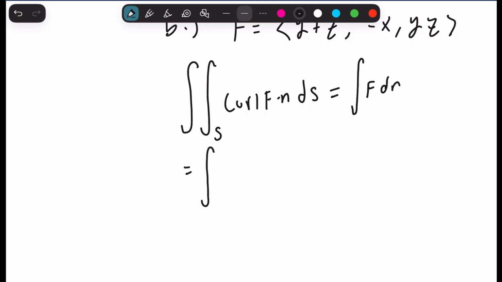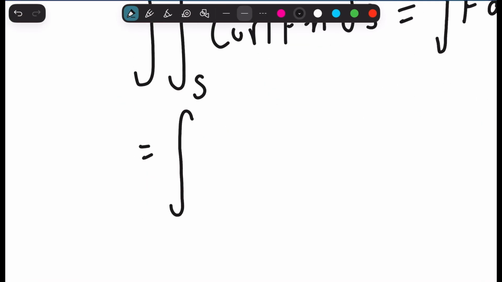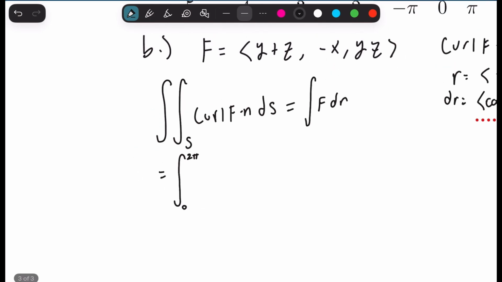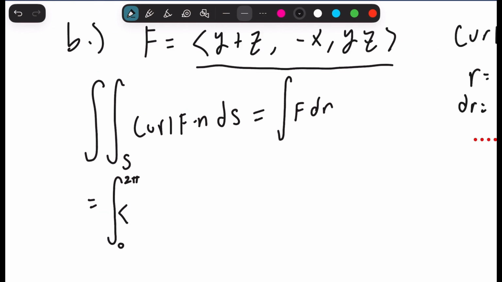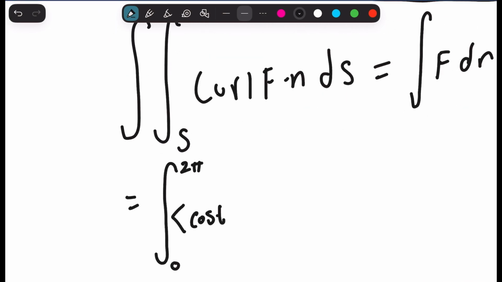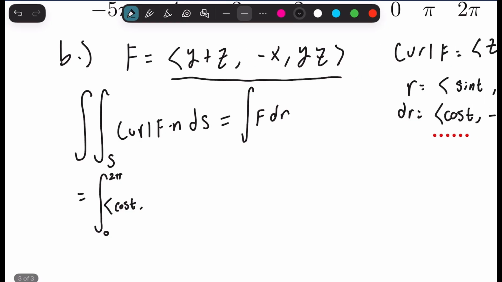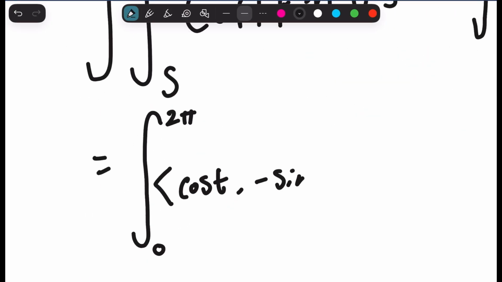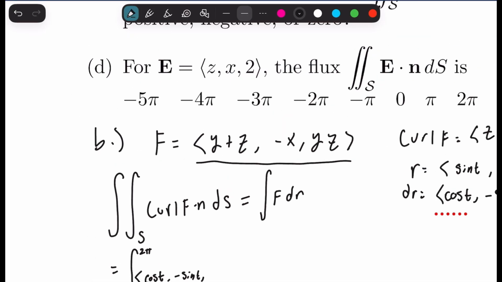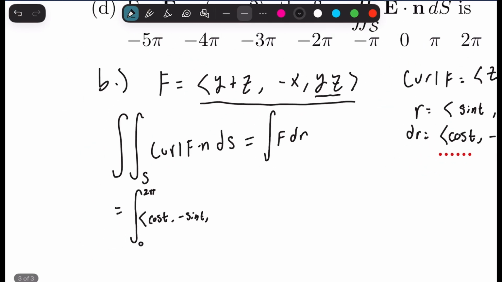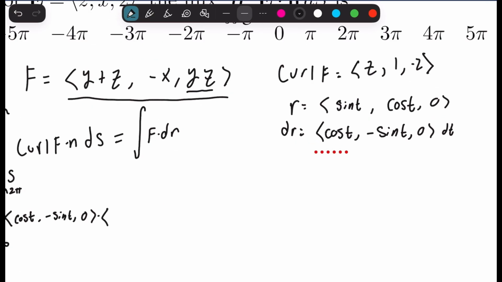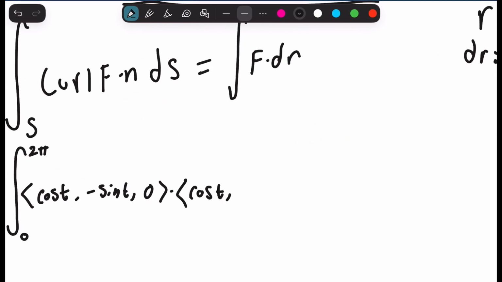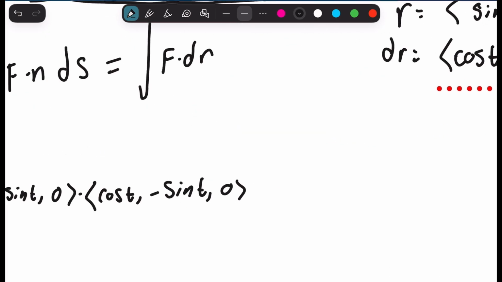And now we just set up our integral, which is going to be from 0 to 2 pi of F, which we'll make into terms of t. We sub in our y, which is cos t plus 0, comma, negative x, which is negative sin t, comma, cosine times 0, which is 0, dotted with, let's not forget that it's a dot product, dr, which is cos t, negative sin t, 0, dt.